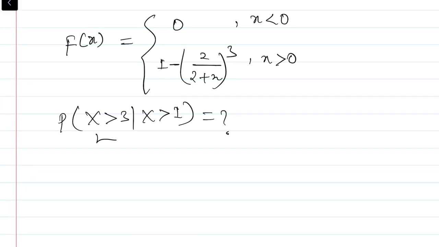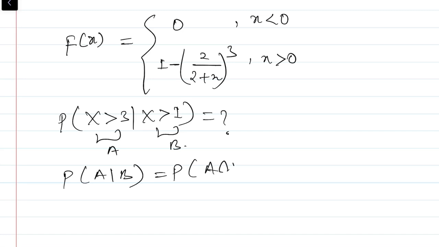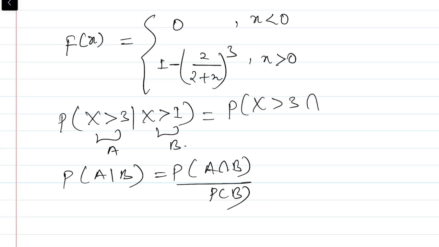Now you can consider this as A and this as B. So you know the formula of A given B, which is simply P(A intersection B) divided by P(B), right? So in this case, this will simply be P(x greater than 3 intersection x greater than 1) divided by P(x greater than 1). Now what is x greater than 3 intersection x greater than 1?